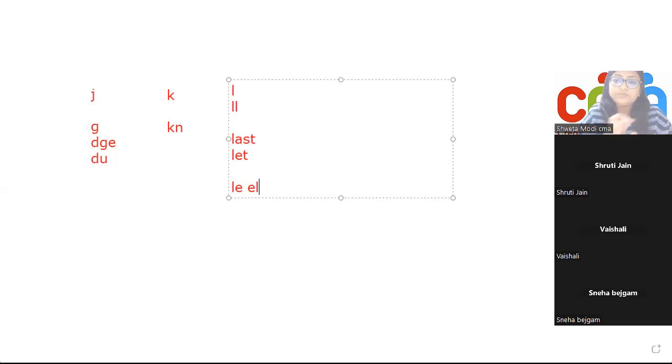So what it will do, as we have discussed while syllabication, LE will take away the consonant, like in the word apple. So LE takes the consonant with it.